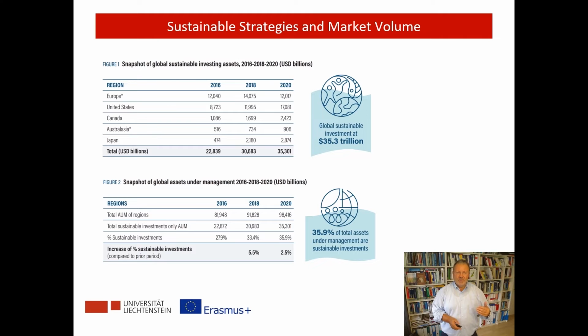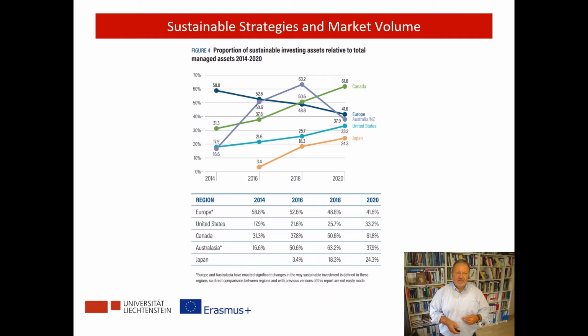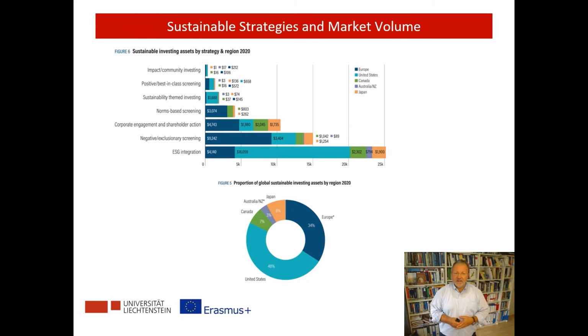This is just a very short repetition. I don't want to discuss it in detail. But the next slide is perhaps more interesting. It gives us the proportions of sustainable investing assets relative to total managed assets between 2014 and 2020, where we see the developments.